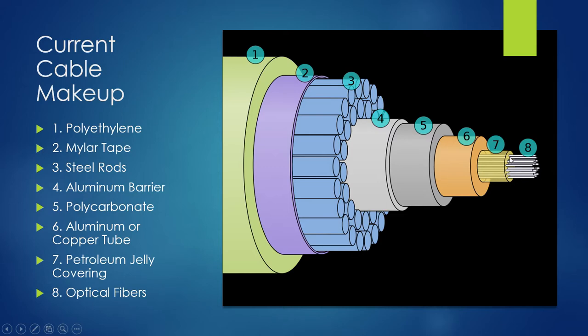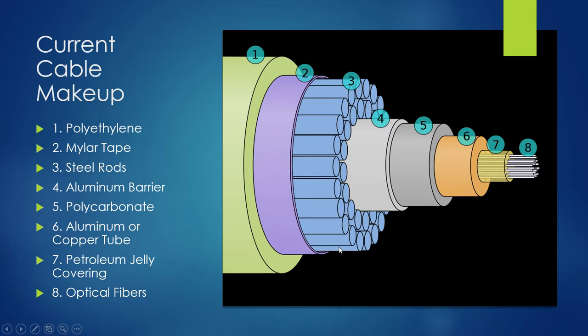And finally, you have the optical fiber, which in a perfect world, removed from all conditions, is all that the information is actually traveling on. All of this stuff is just protection to make sure that the data can travel over this.